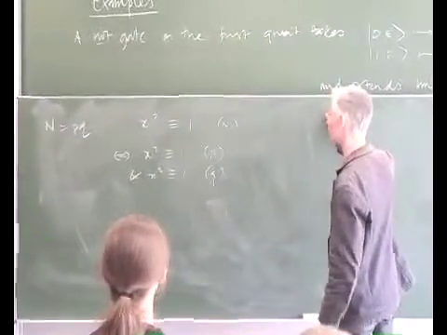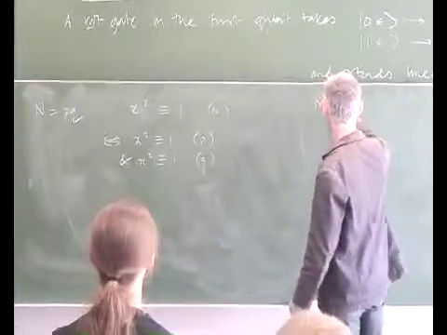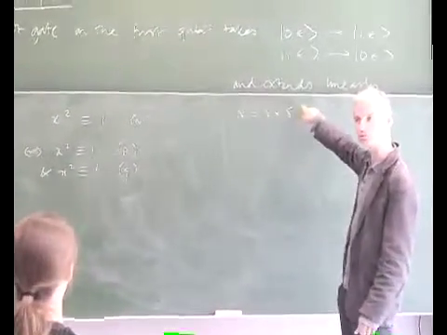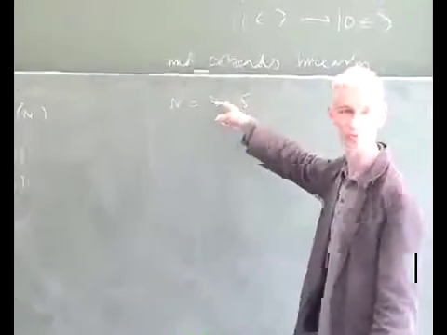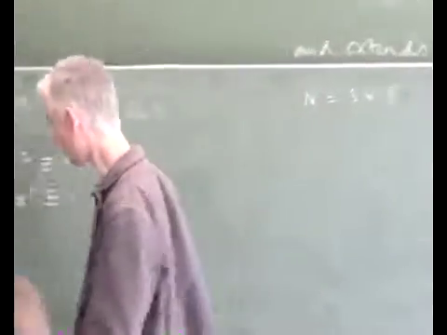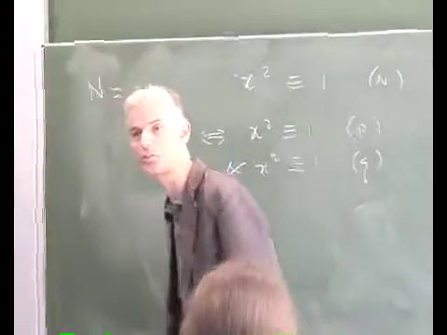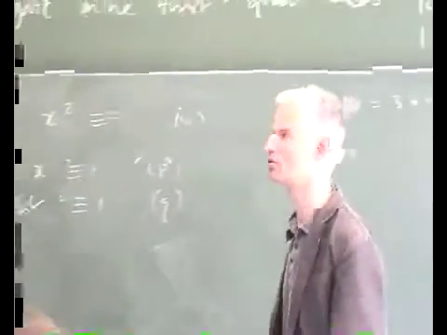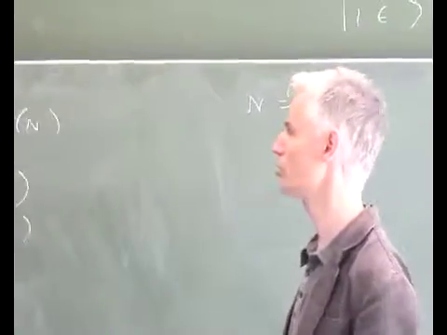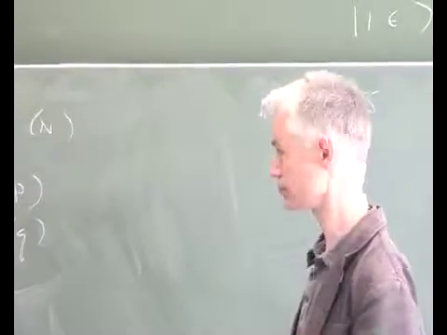Let's just check that when n is 15. We have 4, which was 1 mod 3 and minus 1 mod 5, and minus 4 is minus 1 mod 3 and 1 mod 5. So when n is a product of 2 primes, there are 4 square roots of 1, of which 2 are non-trivial.